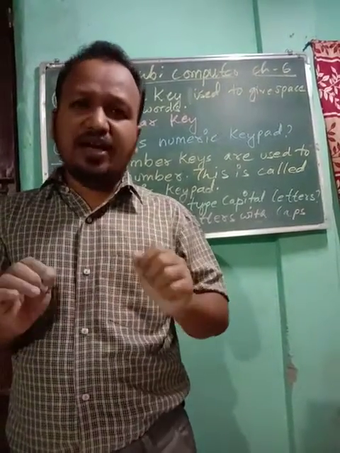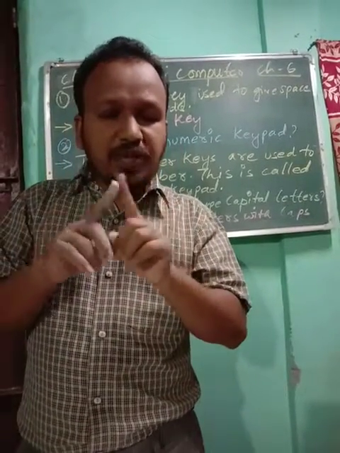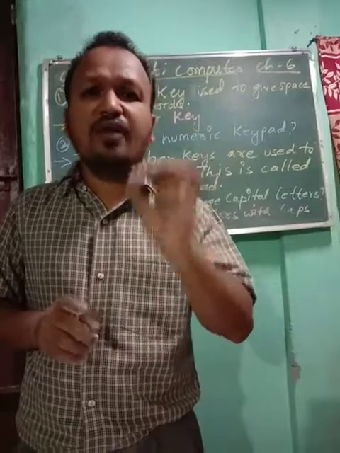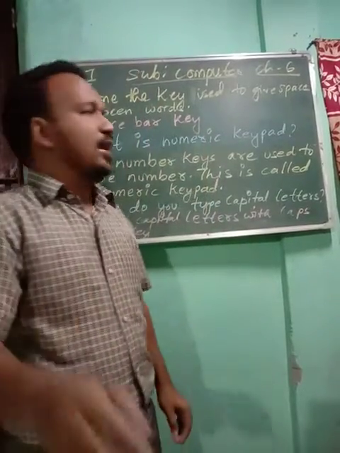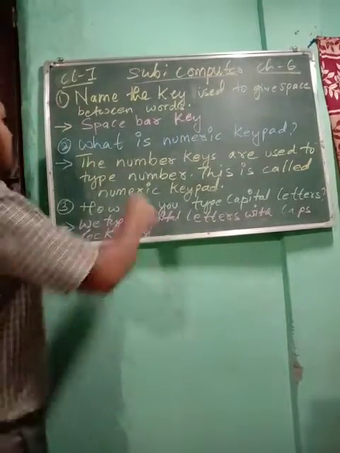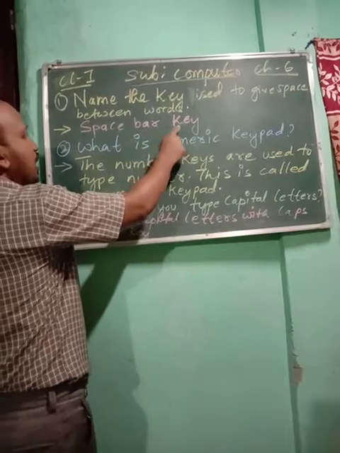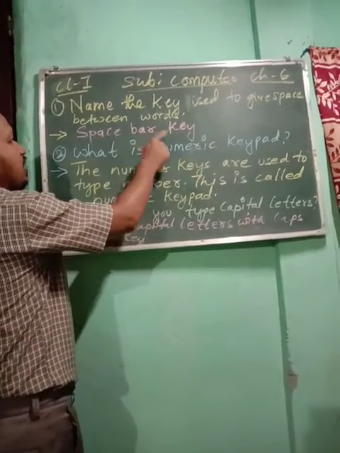While explaining, I told you that to give a space between two words we have to press a certain key, and that key is known as your space bar key. Space bar key.